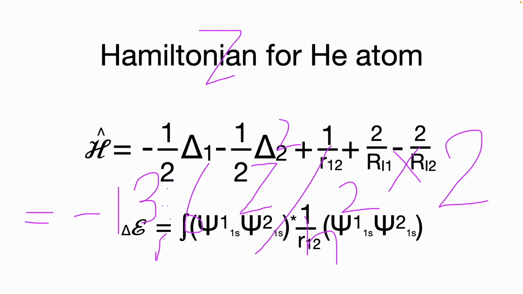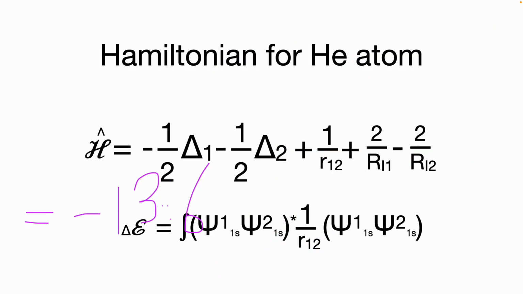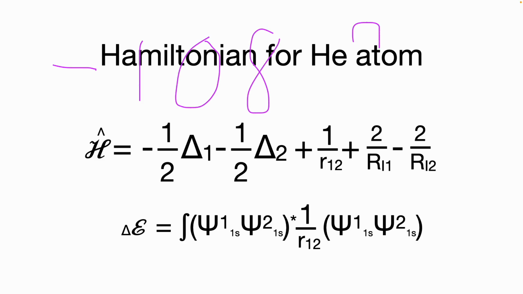So now we have the actual value as well as the correction. So our actual value is minus 108.8 and our correction is minus 34.